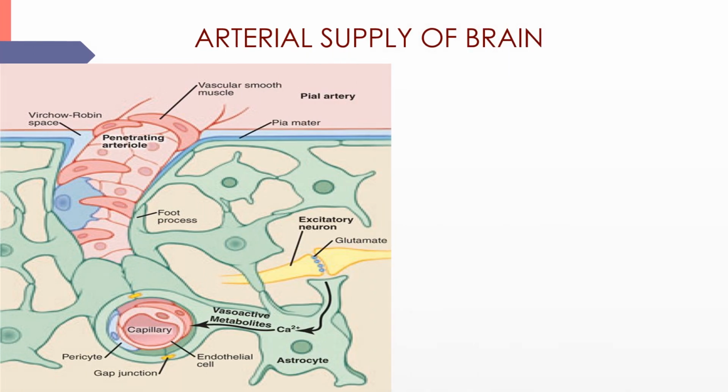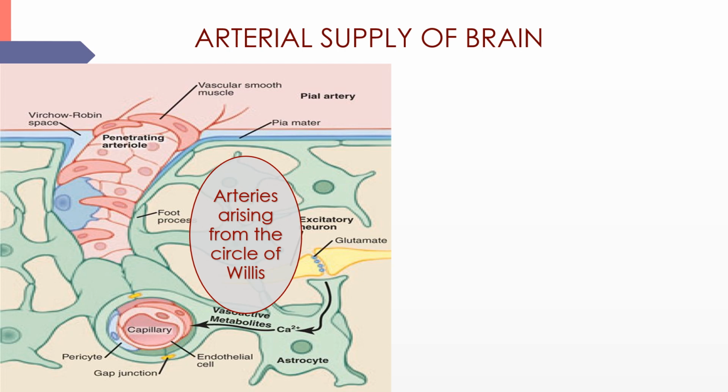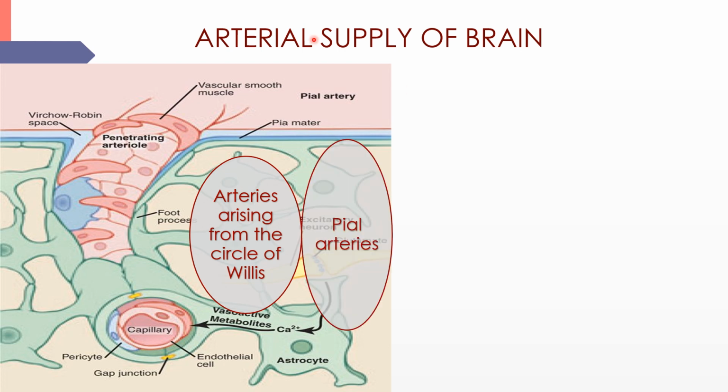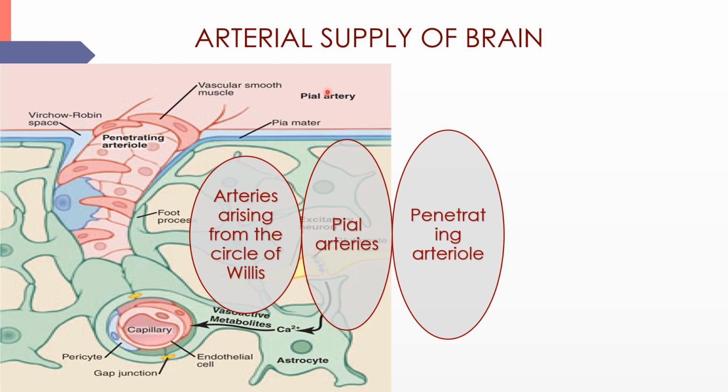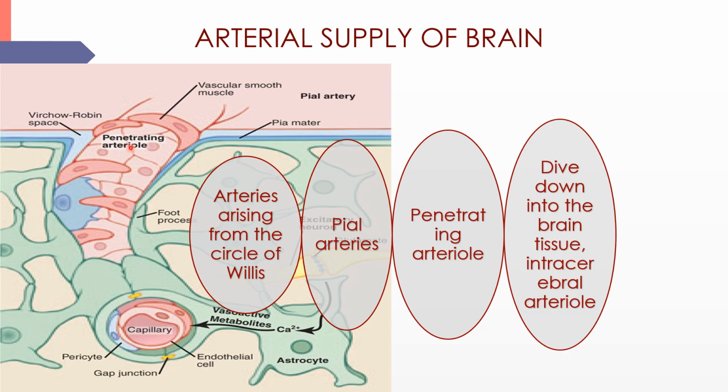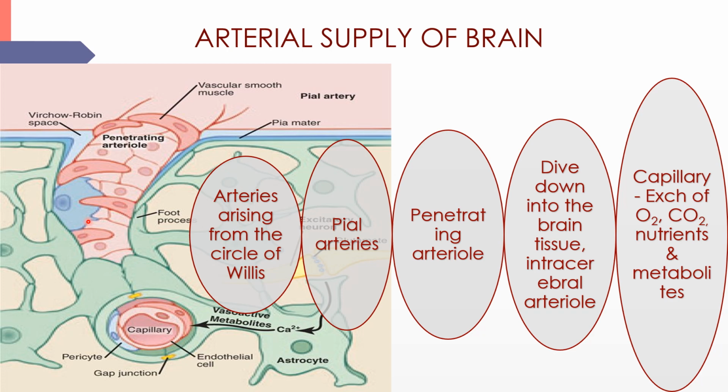Arterial supply of the brain. Arteries arising from the circle of Willis give the pial arteries, and then the penetrating arterioles, which divide down into the brain tissue as intracerebral arterioles, and finally the capillaries.